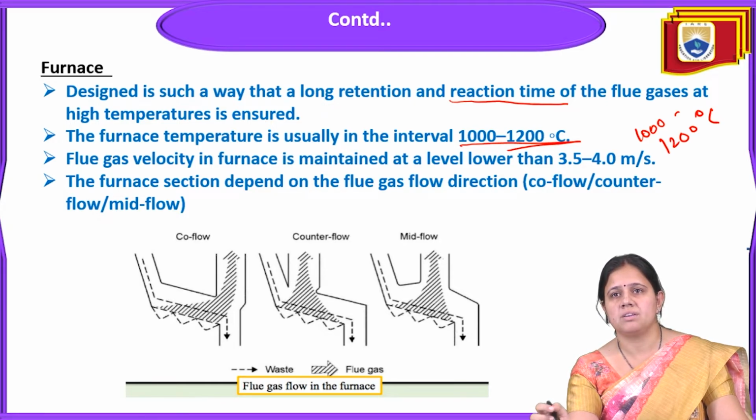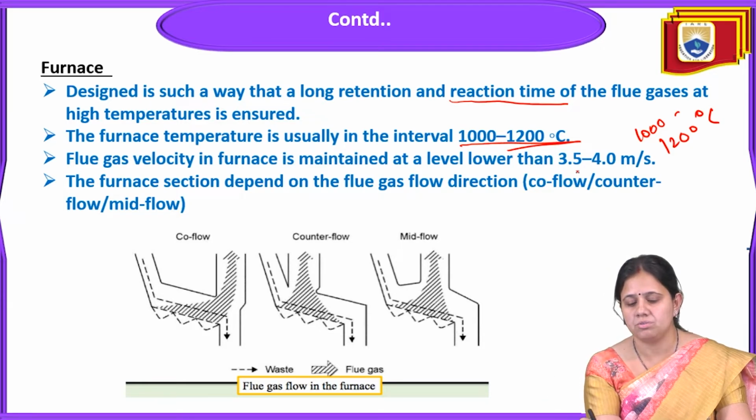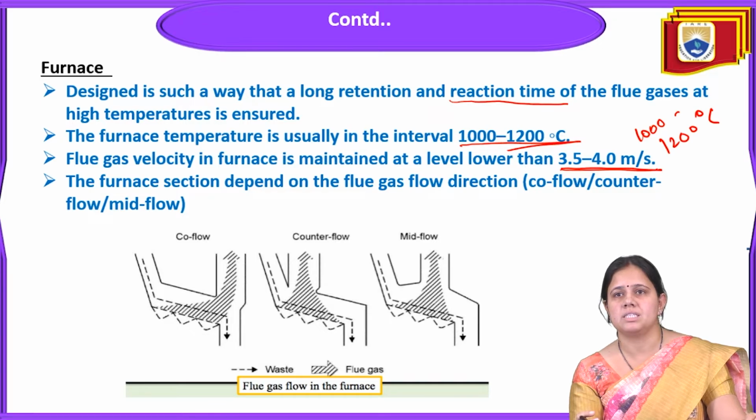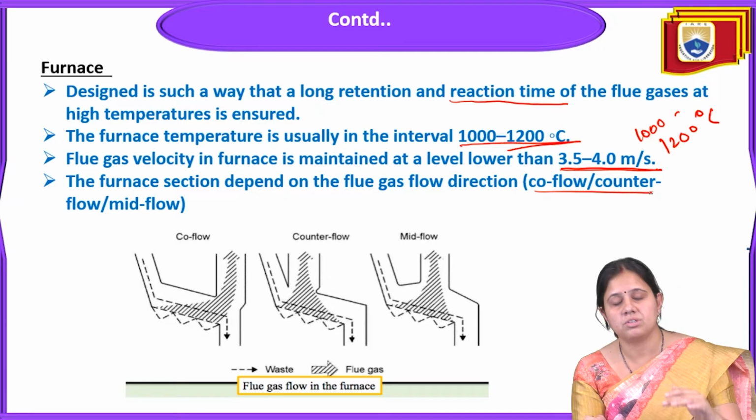Flue gas velocity in the furnace is maintained at a low level, like 3.5 to 4 meters per second. And the furnace section depends upon the flue gas flow direction, like co-flow, counter-flow or mid-flow.